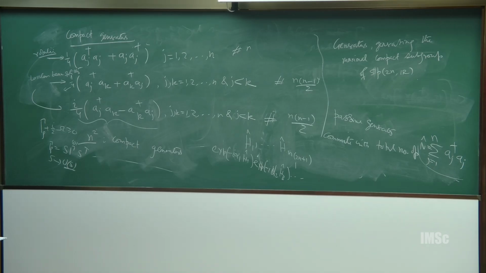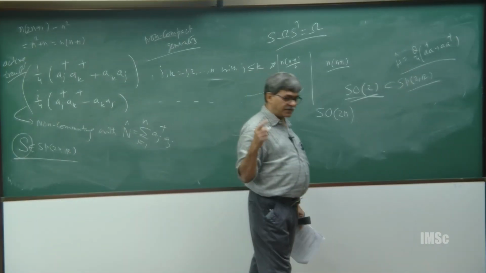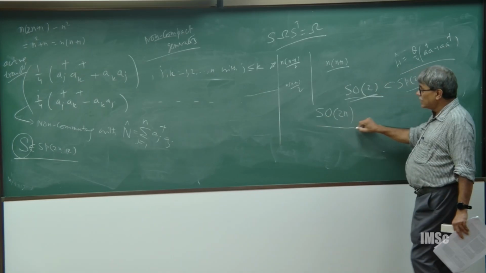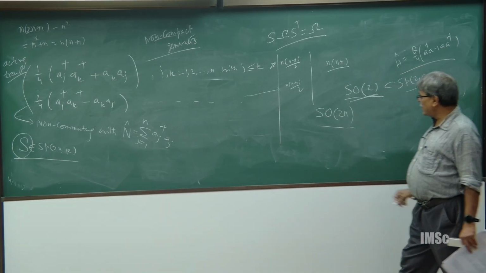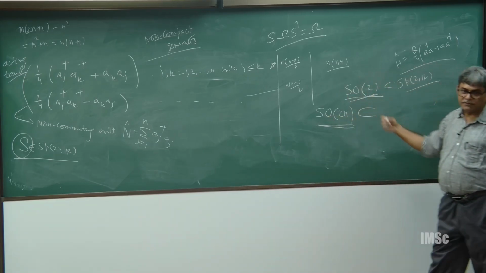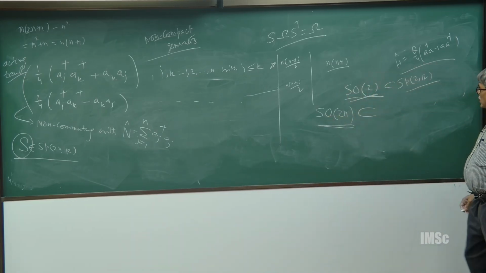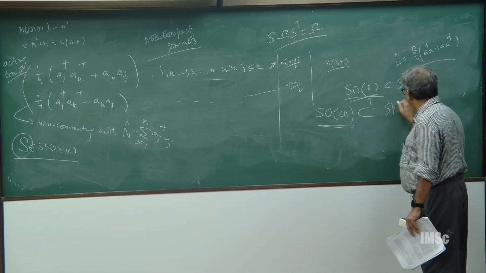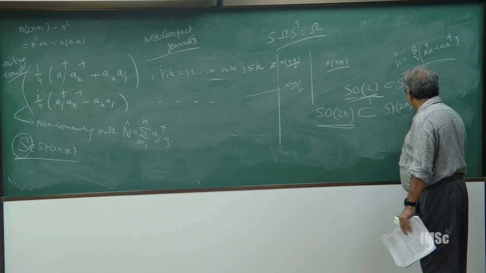The question is, if I take the group SO2n, meaning 2n cross 2n real orthogonal matrices, and you can figure out this is a compact group, can I say that this is also a compact subgroup of sp2nr?